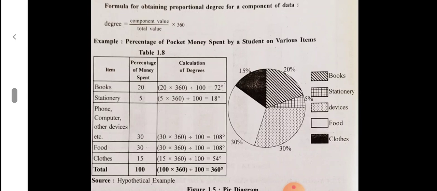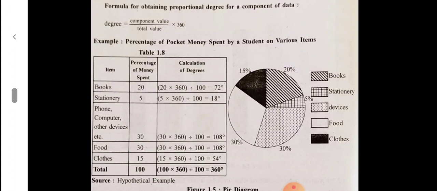Calculation for first is 20 multiplied by 360 divided by 100 is equal to 72 degrees. We can see in diagram all component values are presented by different patterns.